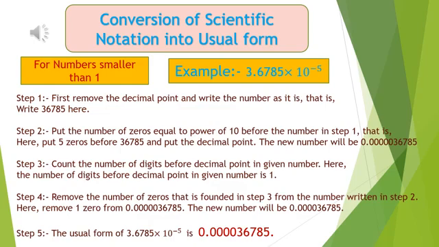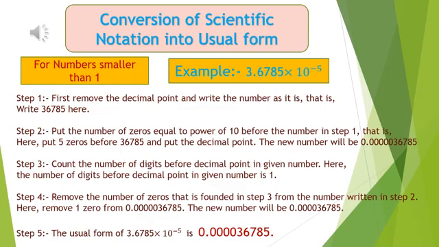So this is the difference. Here before the decimal only one digit is there. So step number 3 says to count the number of digits before the decimal point. Here the number of digits before the decimal point is only 1.